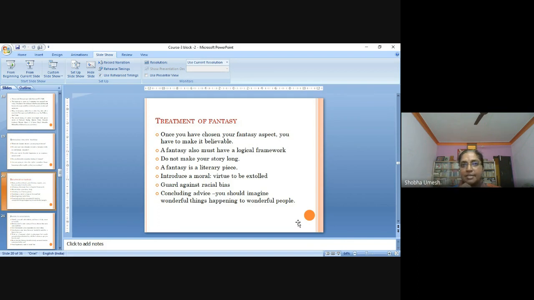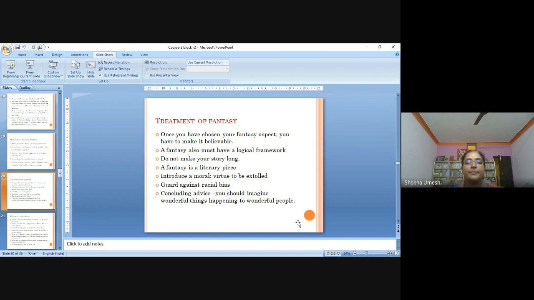It should always have a universal appeal. Why do we read Shakespeare even today, though it was written 455 years ago? Because all his writings have universal appeal. In that way, we have to write the stories keeping the universal perception in mind, the whole human world in our mind.